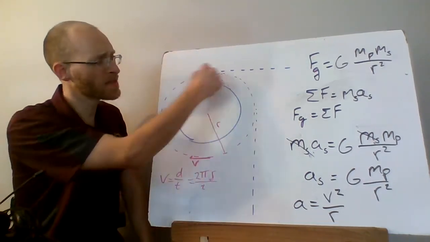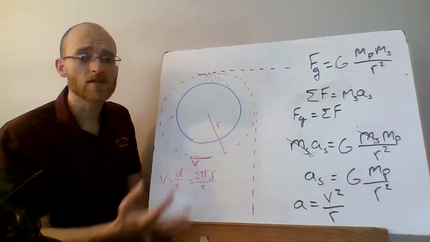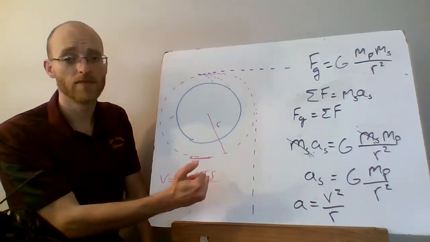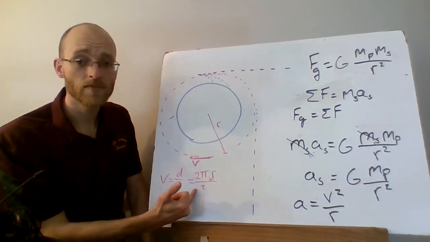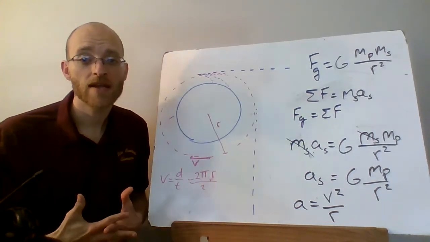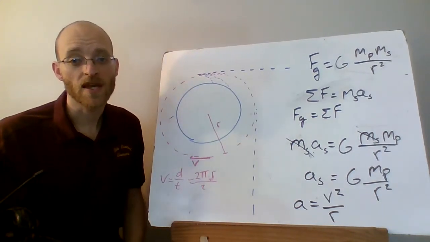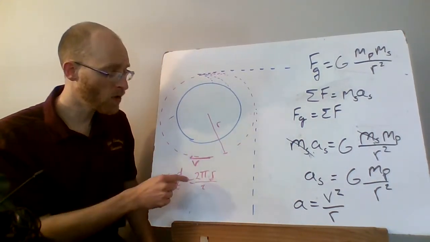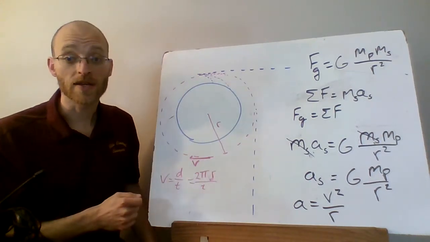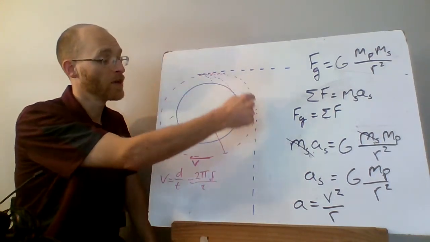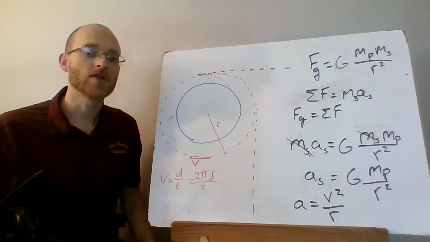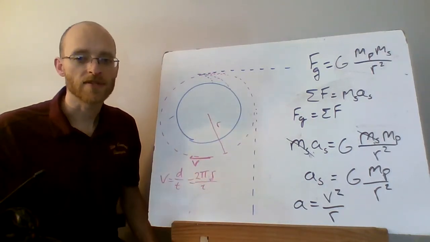In this case, the distance is a circular path, that's the circumference, 2 pi r. And then we ask for the time. Again, to get all our units to match, we need that time to be in seconds. So it could be a lot of seconds. If we're talking about the Earth orbiting the Sun, that's 365 days, and we'd have to convert that to seconds.